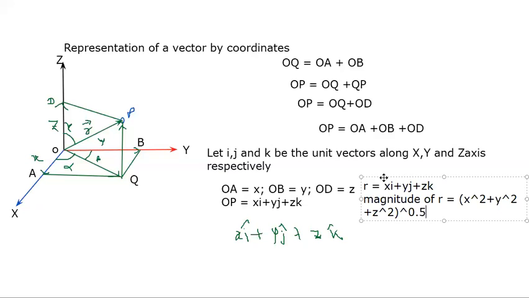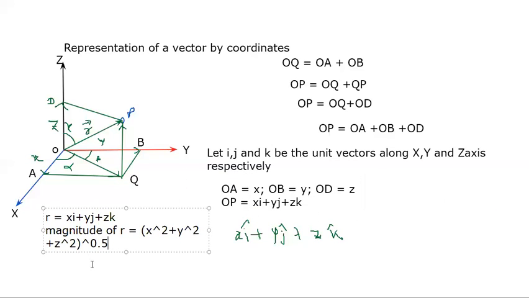Have you understood what I am telling? R is equal to x i cap plus y j cap plus z k cap, so magnitude of R will be x square plus y square plus z square to the power half.